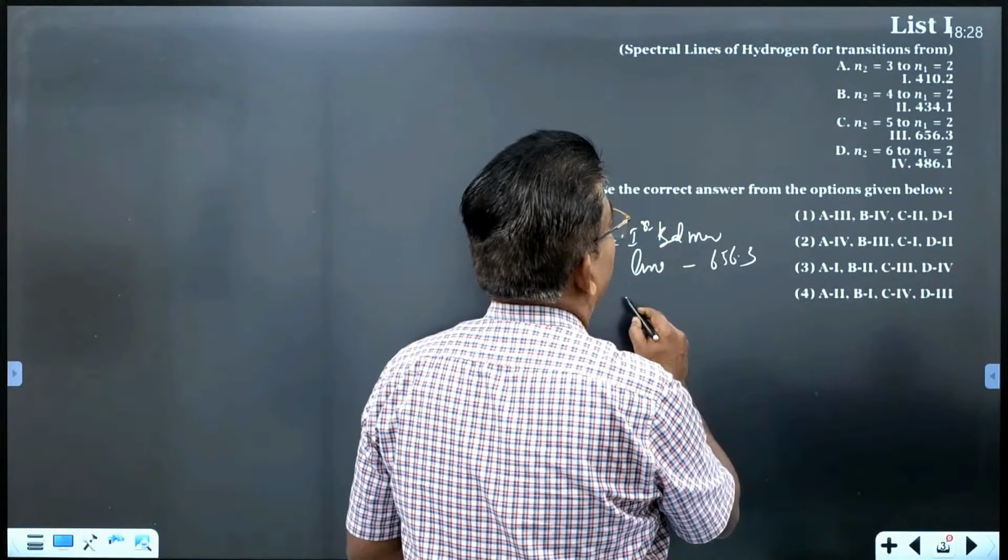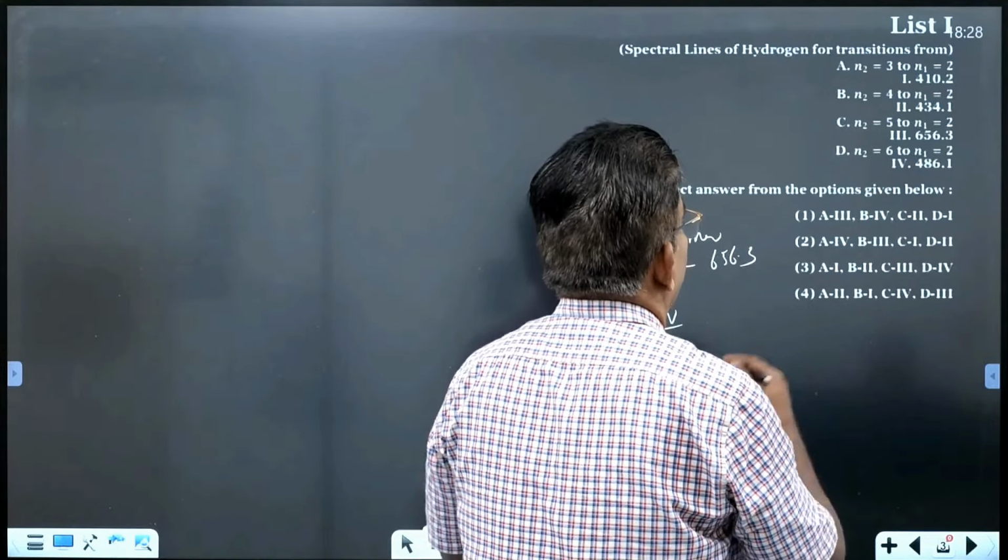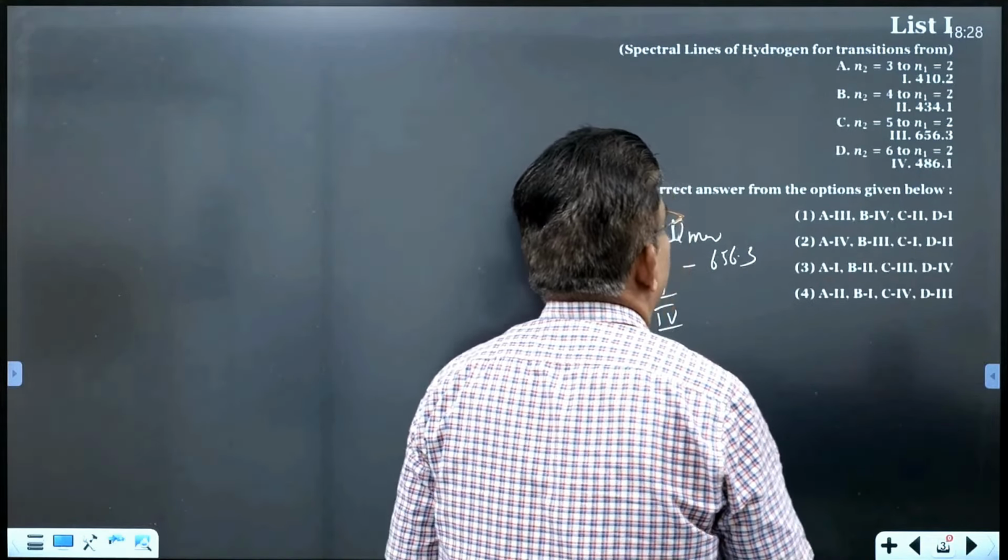Now, next energy is transition 4 to 2, that comes to be 486. Then C, 5 to 2, next higher energy or next lower wavelength, that comes to be 434.